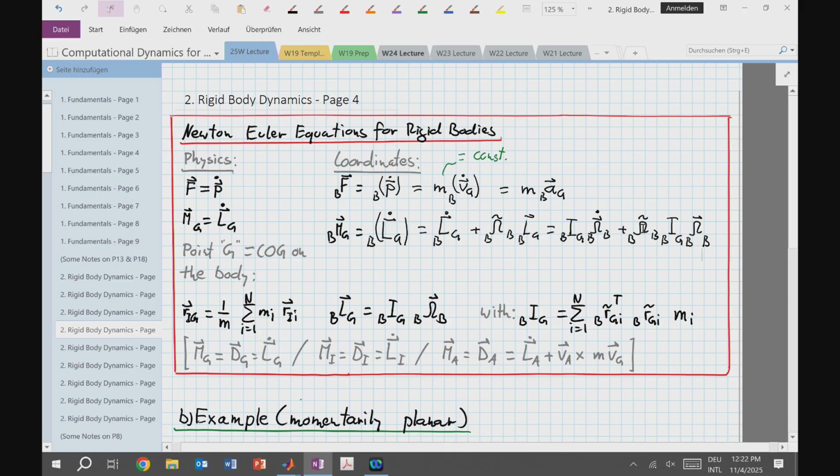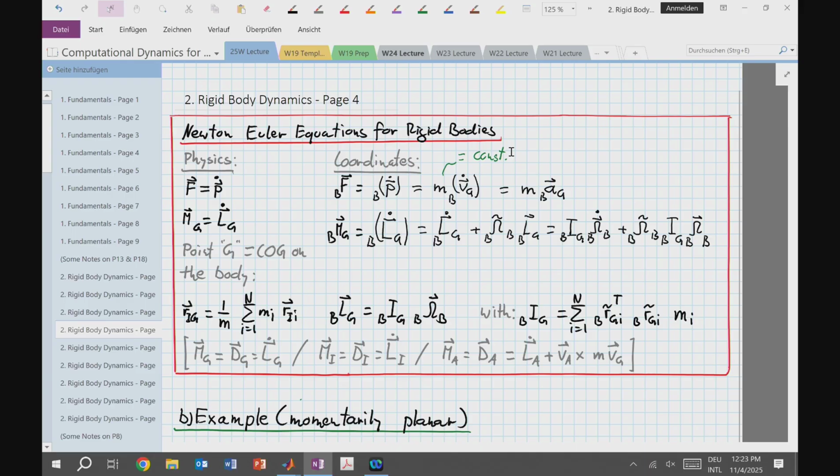What is different? It has to do with this assumption that we made here. In a translation, if an object moves, its mass doesn't change.